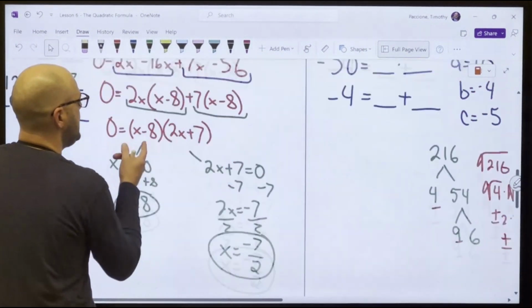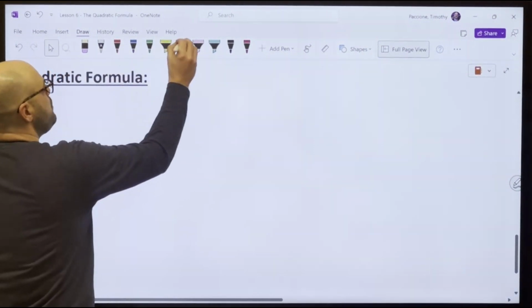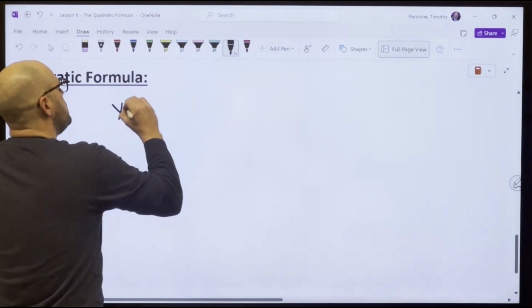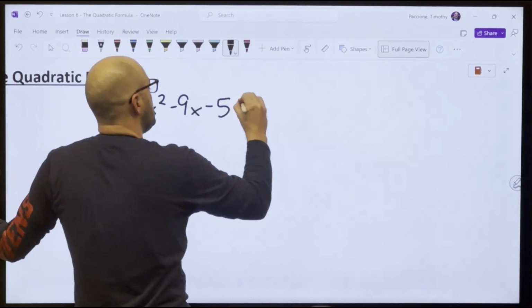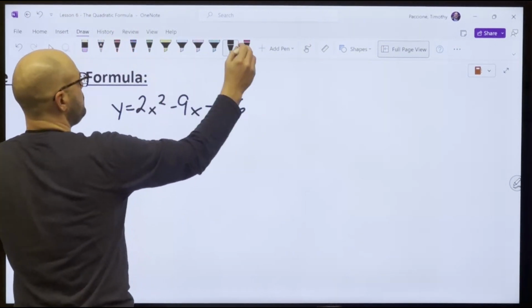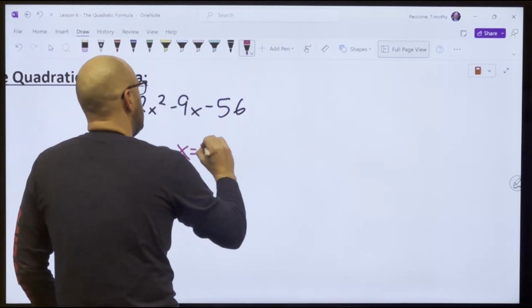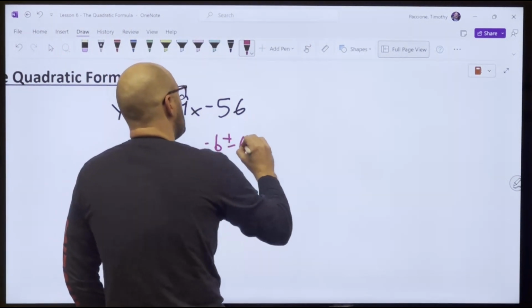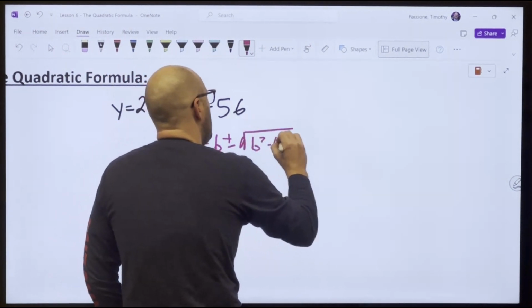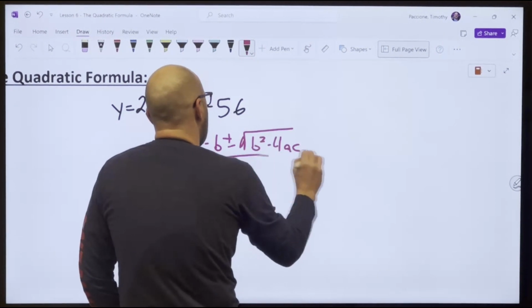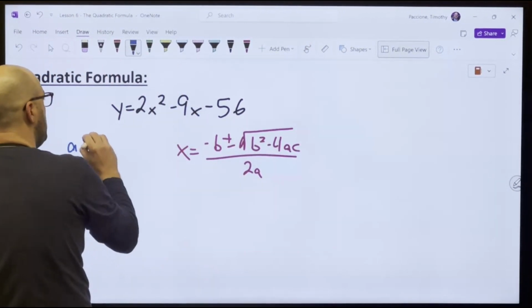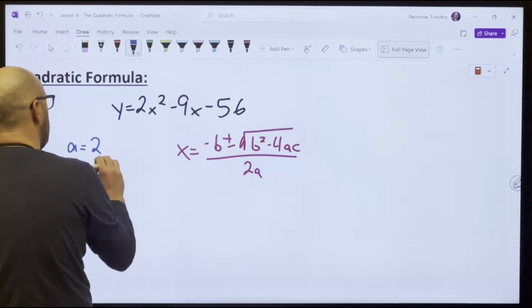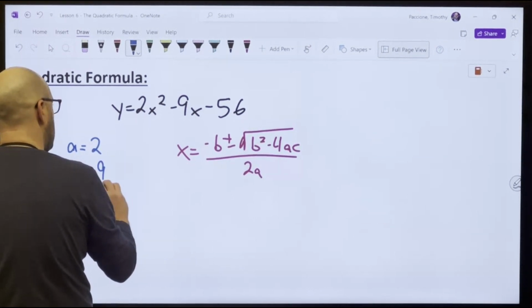2x squared minus 9x minus 56. All right. Y equals 2x squared minus 9x minus 56. Our formula is x equals negative b plus or minus the square root of b squared minus 4ac over 2a. All right, my a is 2, my b is negative 9, my c is negative 56.